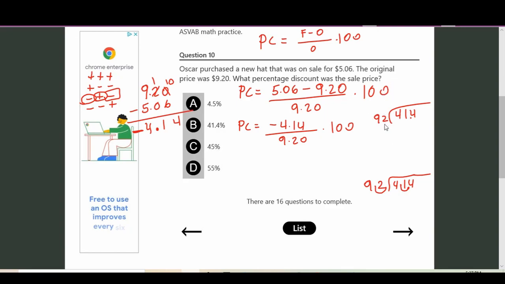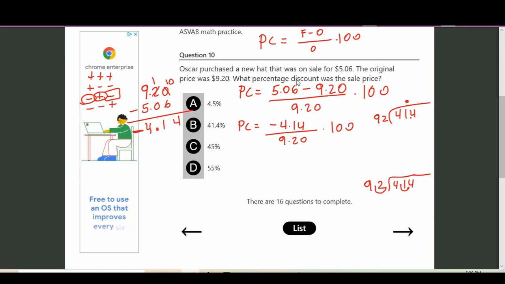Now we're asking ourselves, how many times does 92 go into 41.4? It doesn't. It's too small. So I have to move on. And again, when you have this decimal hanging out in the middle of the number, you just bring it directly up in the same place. So now I'm asking myself, how many times does 92 go into 414?